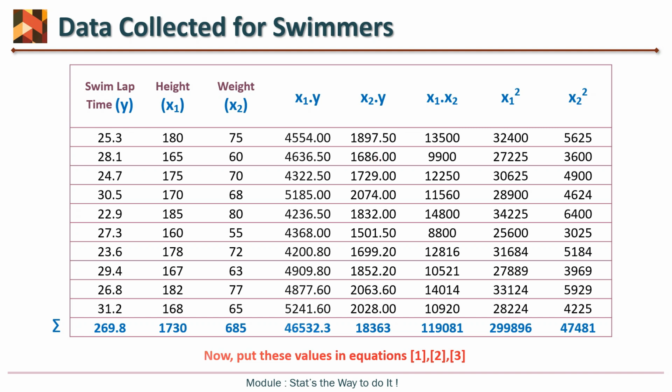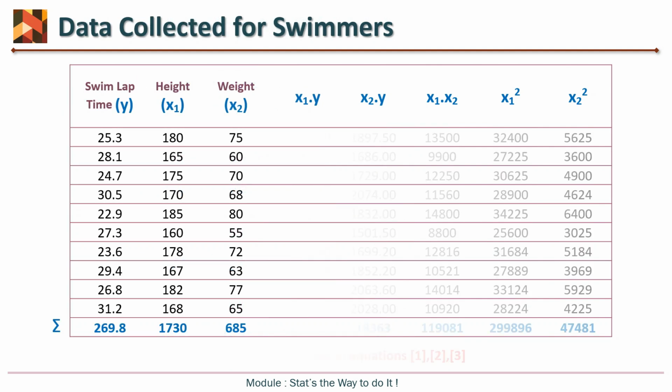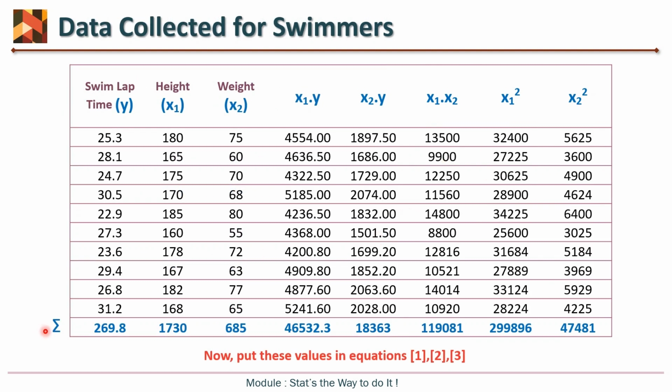As we know, in the equations I need the summation of all values, so in this table the last row will be the summation of all the columns. This is summation y, summation x1, summation x2, summation x1y, summation x2y, summation x1 x2, summation x1 square and summation x2 square.